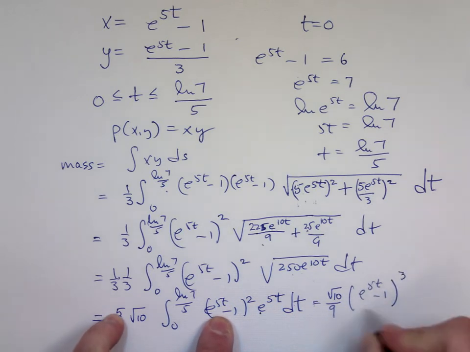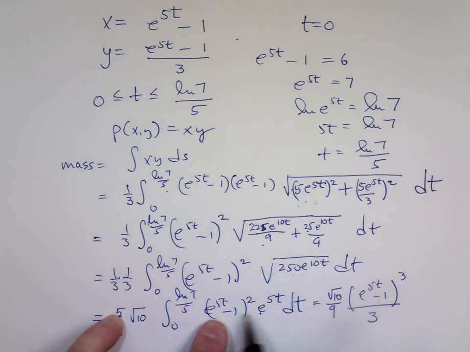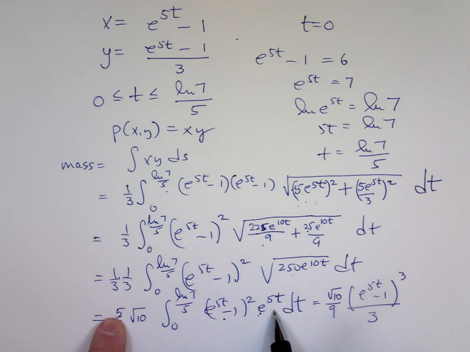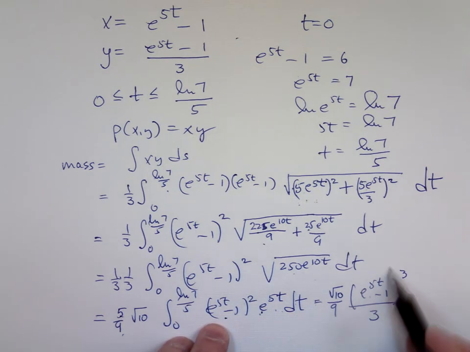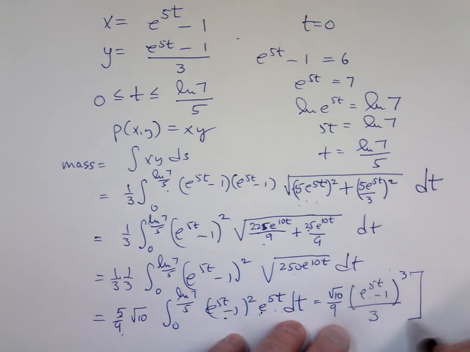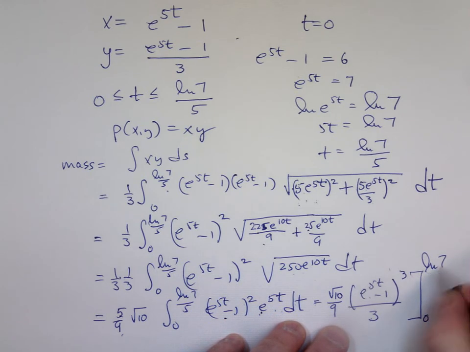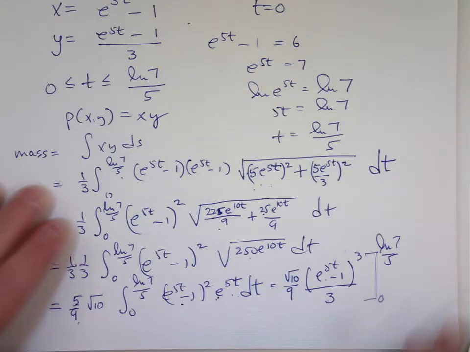This is my u. The du is e to the 5t times 5, and that's where this 5 is helping out. This 5 is serving as the du. So I end up with this squared, which is this cubed over 3, from 0 to the natural log of 7 over 5. Okay, you ready? We're almost there.